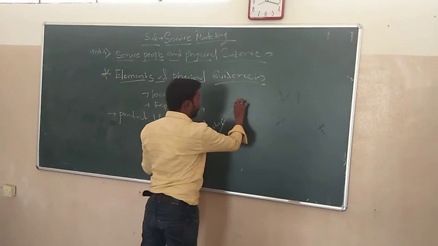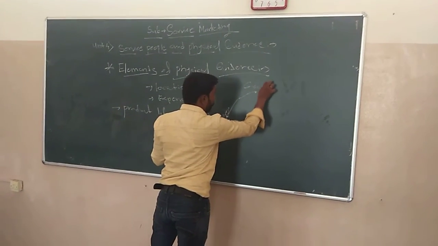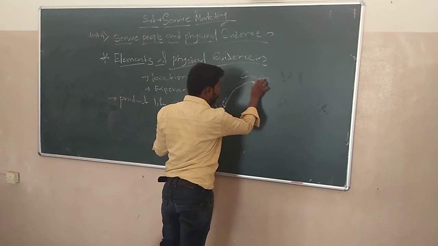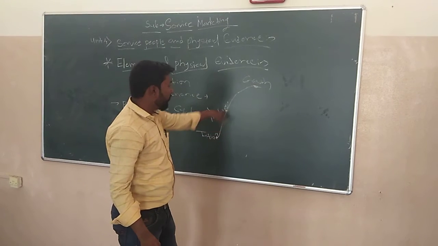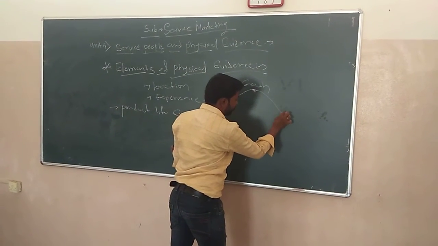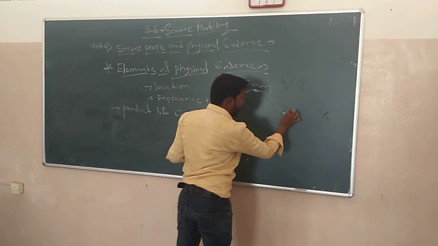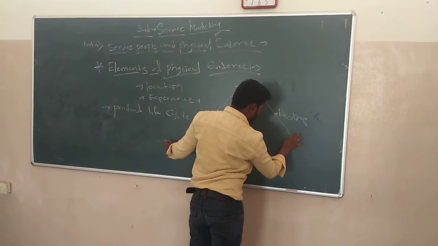Then growth level. Introduction level, maturity level, growth level, and decline level.